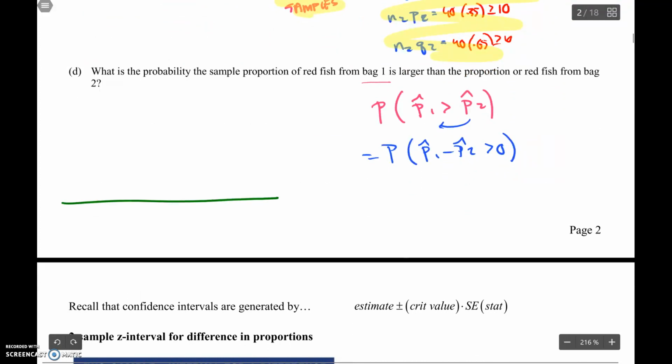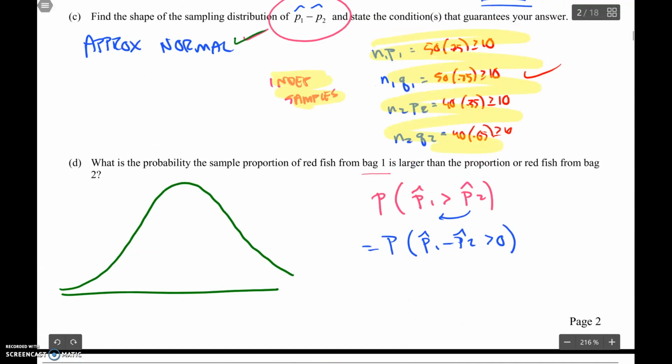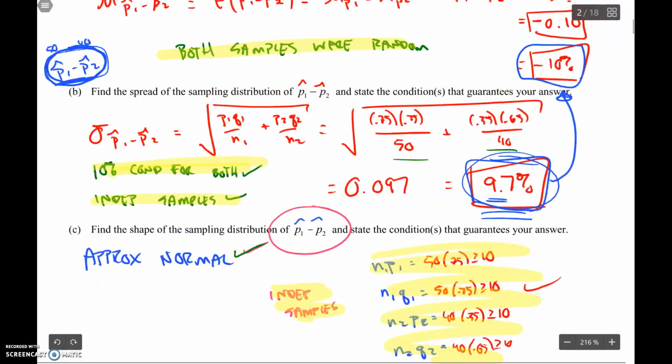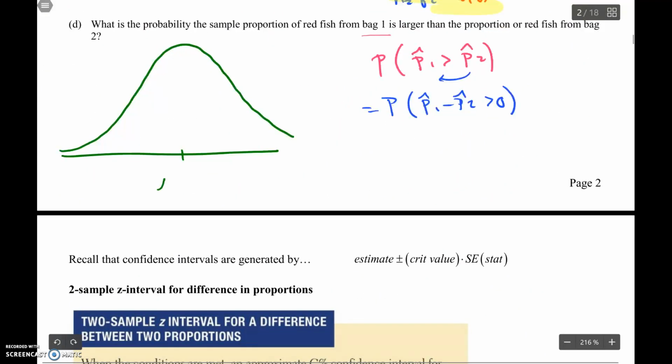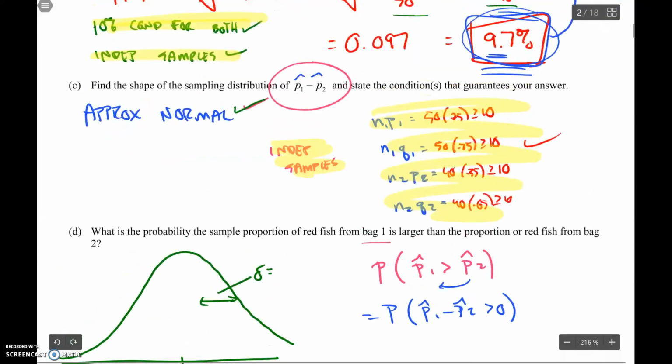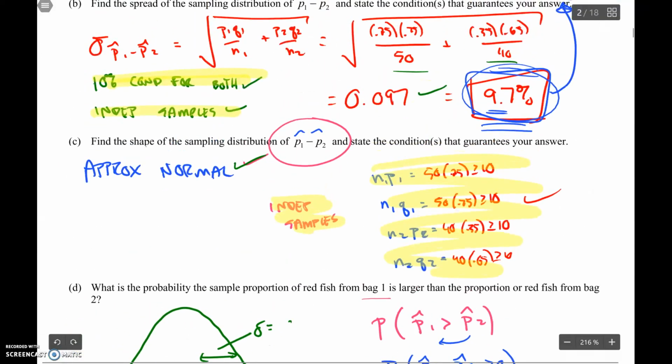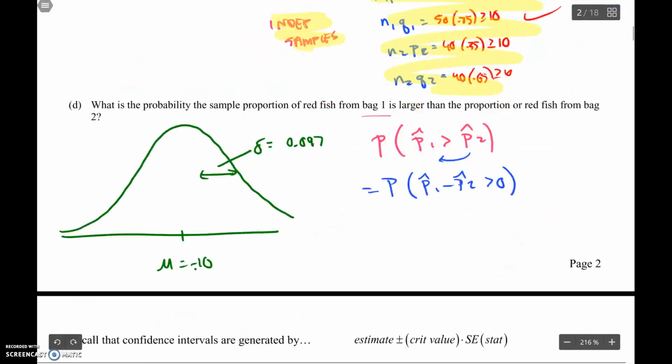Well, I can find this as long as I know the distribution is normal. Check. I know the center. Check. The center of my differences is equal to negative 10%. And as long as I know the standard deviation, I know that one as well, 0.097.